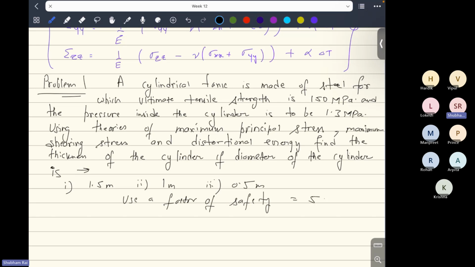Okay, so a factor of safety of 5 means you have to reduce the maximum yield stress or shear stress, or whatever failure index you are taking, by a factor of 5. Okay, so can you try to solve this question?